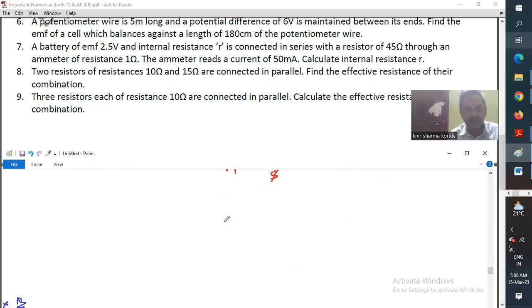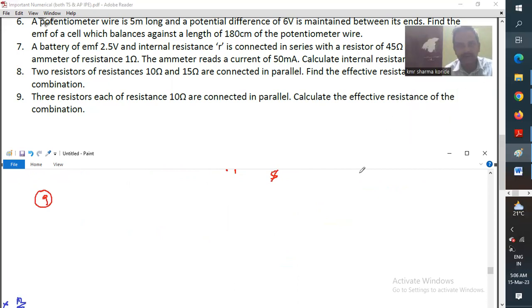And question number 9. 3 resistors, each of resistance 10 ohm, are connected in parallel. Calculate the effective resistance of the combination. So therefore, once again, same formula. 1 by Rp is equal to 1 by R1 plus 1 by R2 plus 1 by R3.